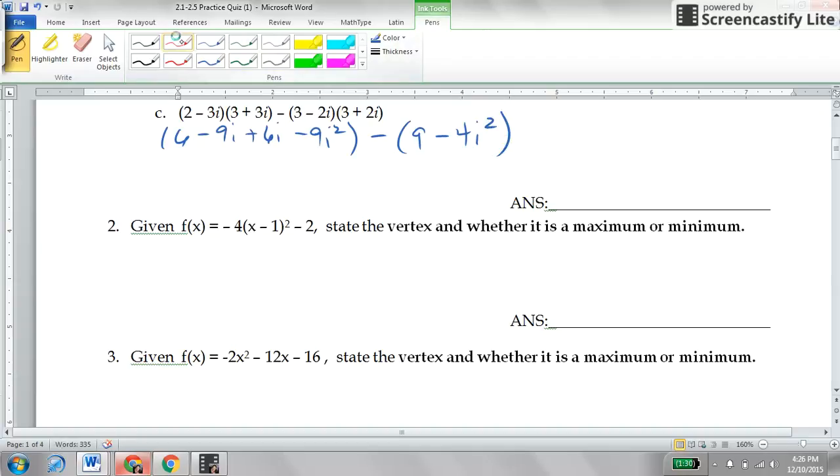Before I distribute that negative sign, I want to take care of these I squared. Remember, I squared is negative 1.